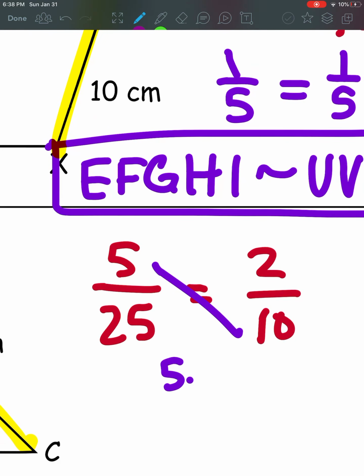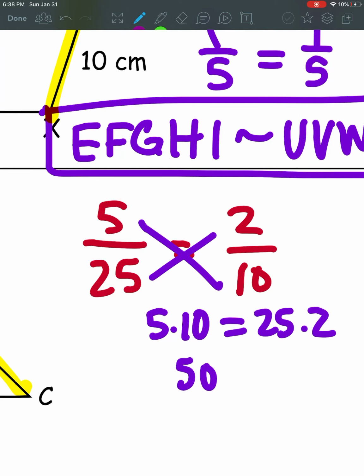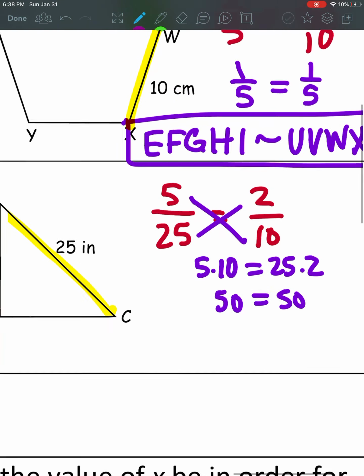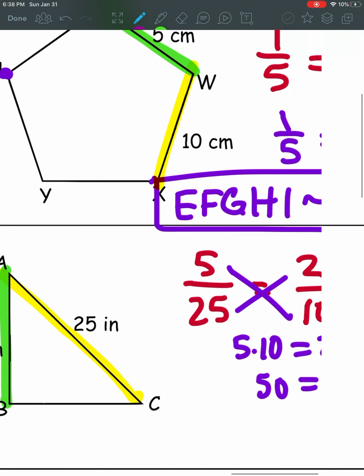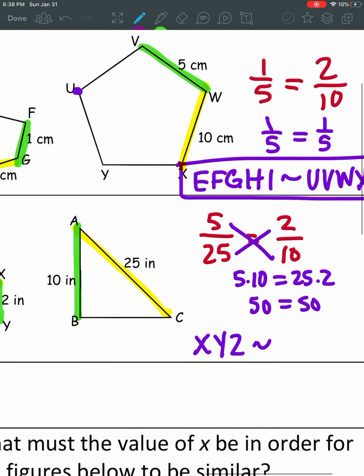And then you could simplify again. Again, you can do your cross products. 5 times 10 is 50. 2 times 25, or 25 times 2, same thing, is also 50. But you could also see that both of those fractions simplify to 1/5, just like above.